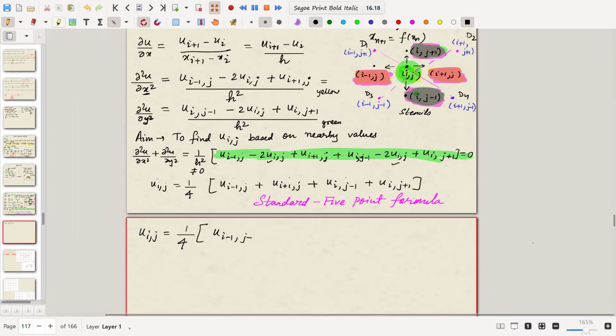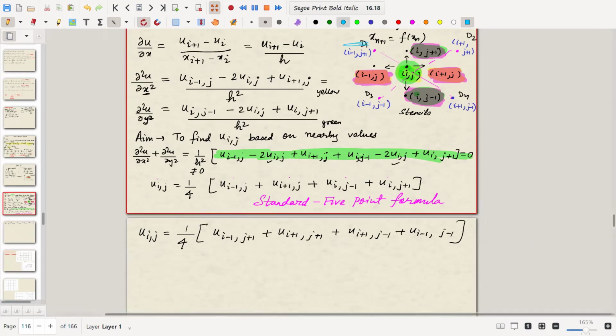Ui minus 1 comma j plus 1 plus ui plus 1 comma j plus 1 plus ui plus 1 j minus 1 plus ui minus 1 j minus 1. Can you see this? This is based on these diagonal points.